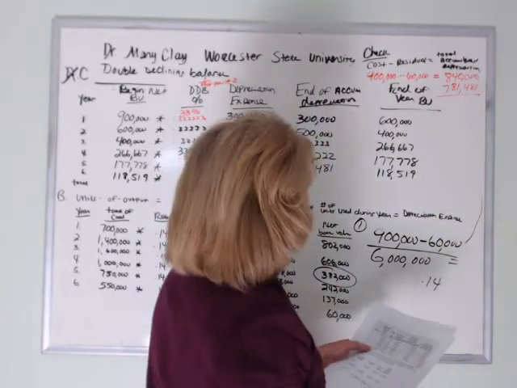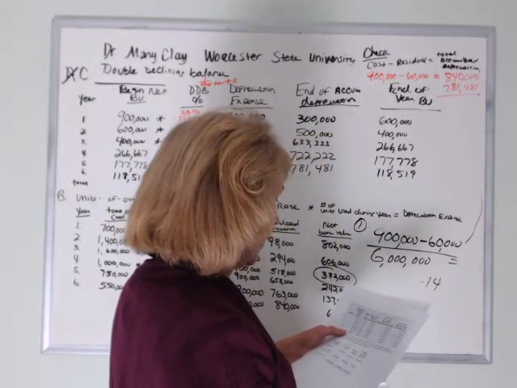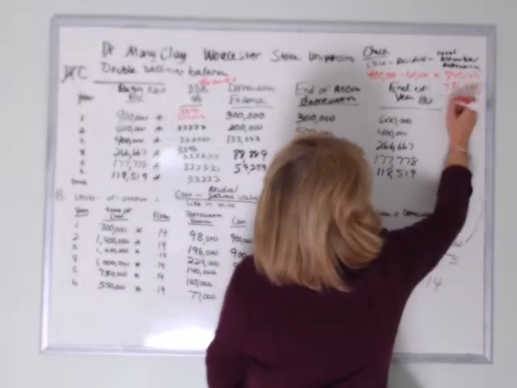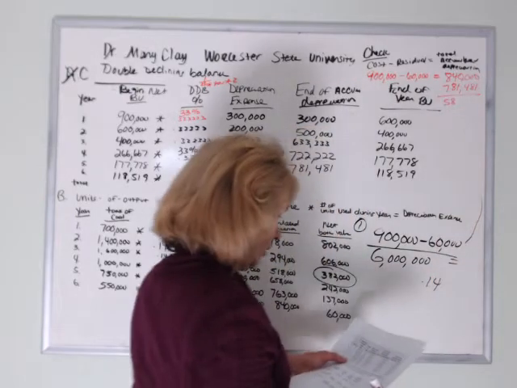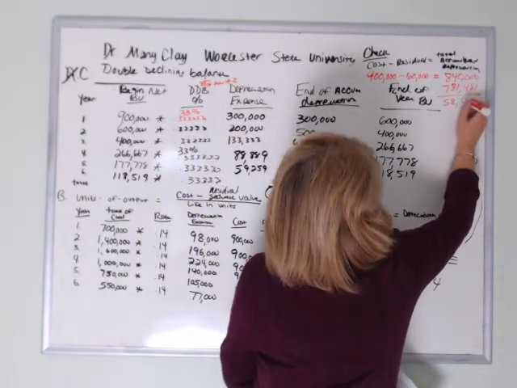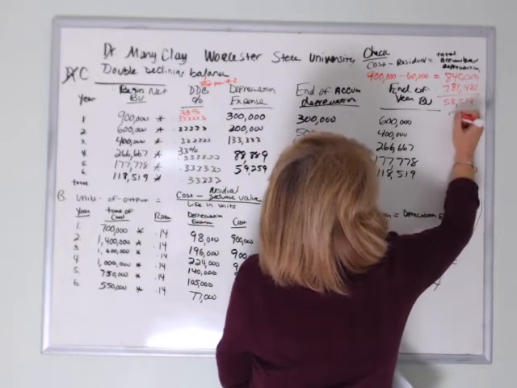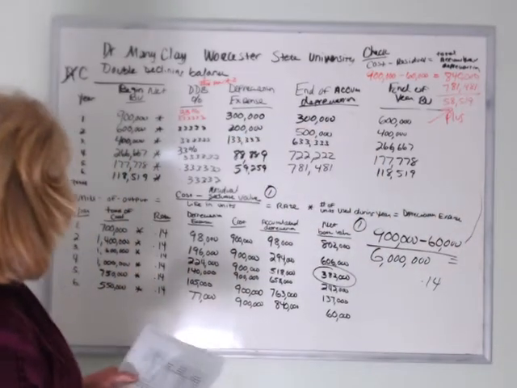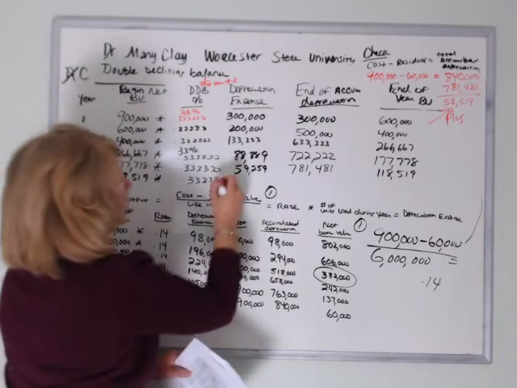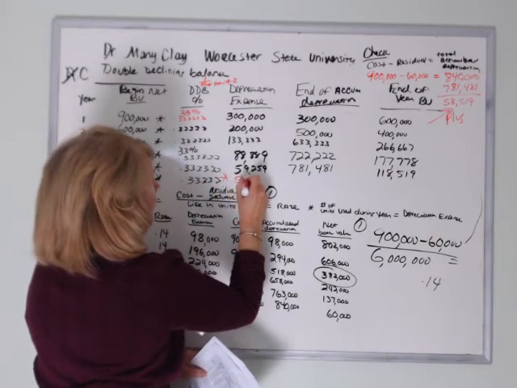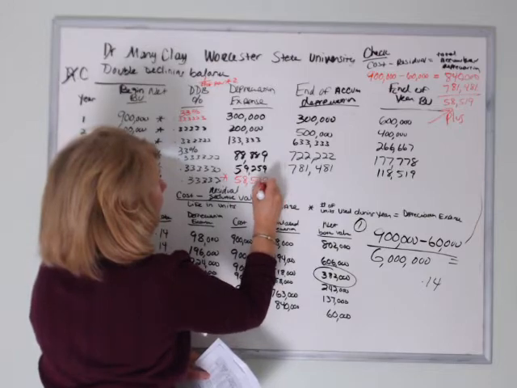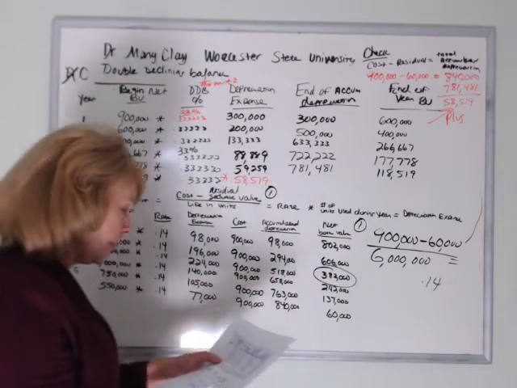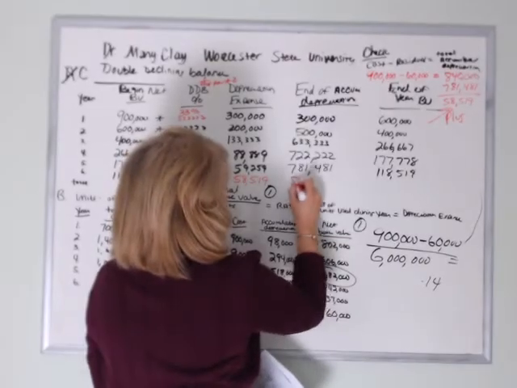When I subtract those two, 840 minus 781,481, that gives me my plug, 58,519. That's my plug. So I'm going to plug it and star it, 58,519. When I take 781,481 plus 58,519, that gives me 840.